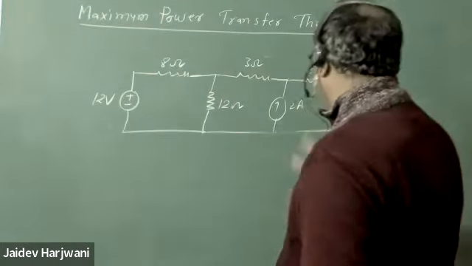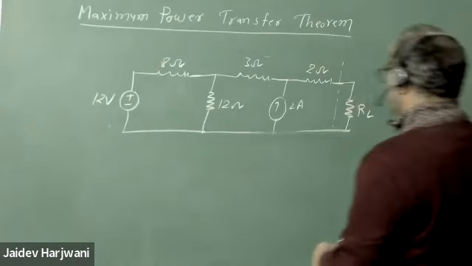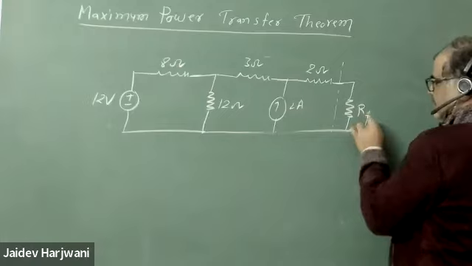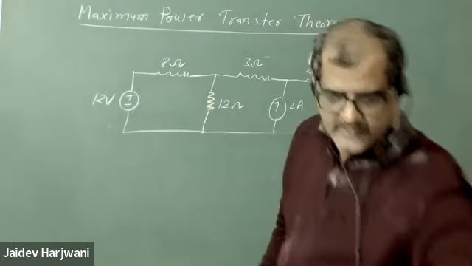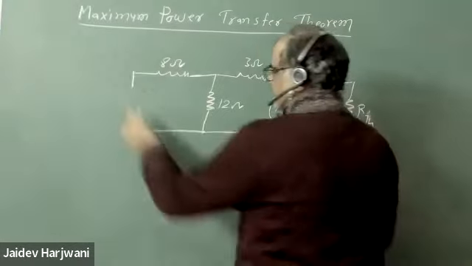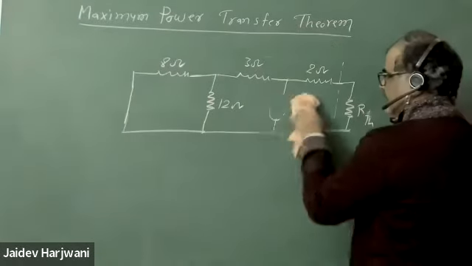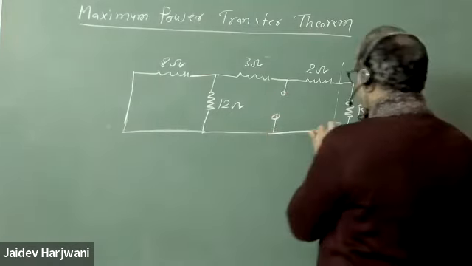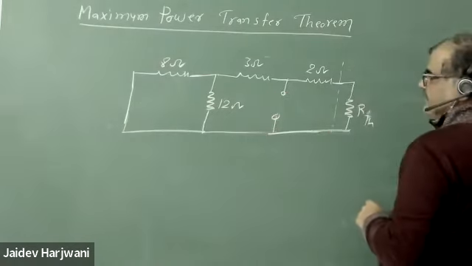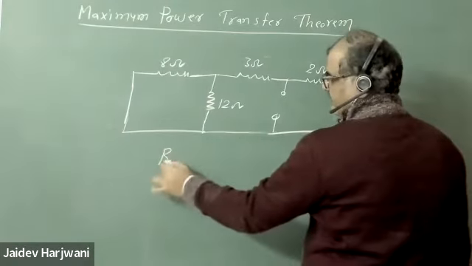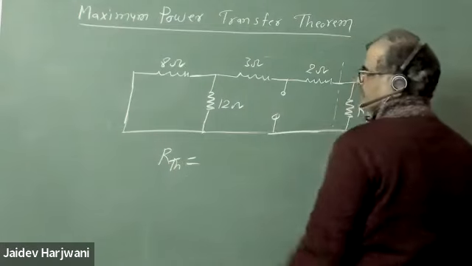So now I need to calculate R Thevenin. For R Thevenin, I want to short circuit these sources, deactivate these sources, so this becomes short circuit, and this becomes open. Now you can tell me what is the value of R Thevenin here.